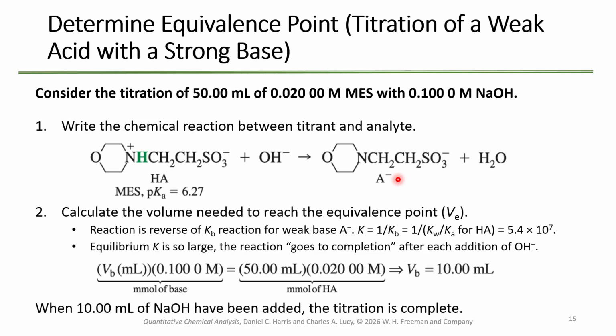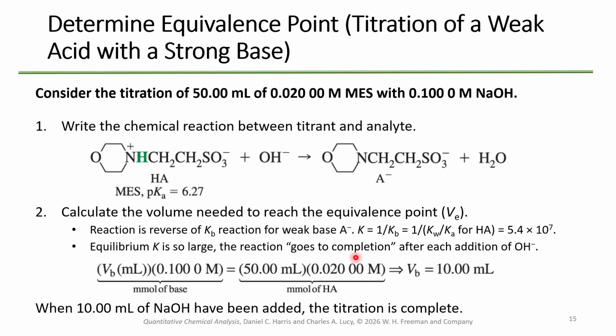Well, we have all this base, right? That's the predominant equilibrium at the equivalence point. So we need to take Kw, divide it by the Ka, and this is going to give us our Kb to do this. Now, our equilibrium K is pretty large here.